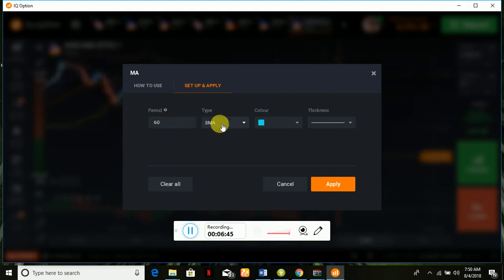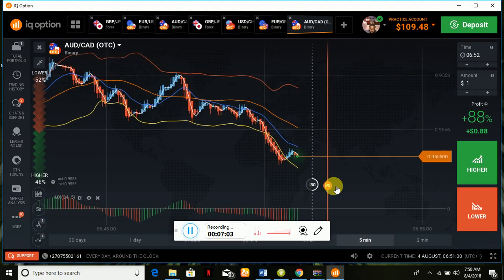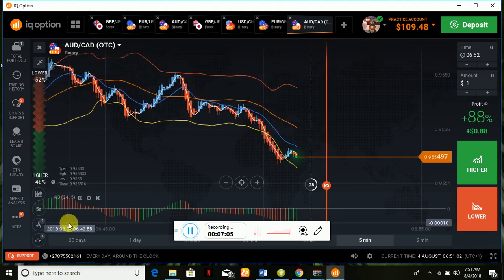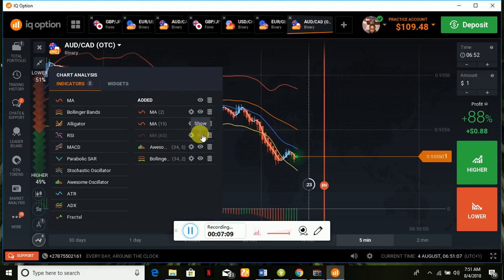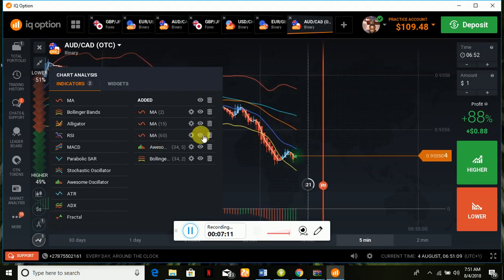The period must be 60, type must be SMA, color blue. Apply. You can make it any color as long as it's different from the other lines that you see in our charts there. Then you apply that also, and let's show that as well.